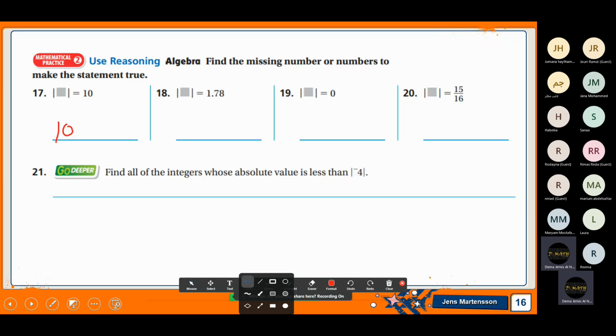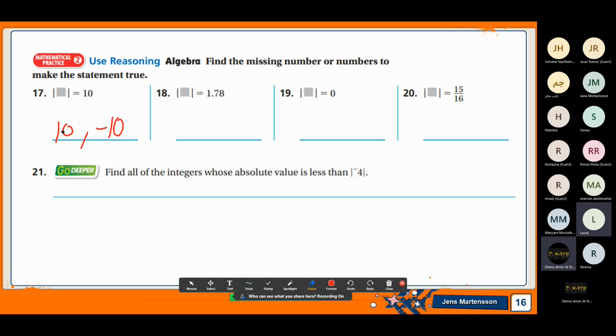What about the absolute value of negative 10? Positive 10. So that means I can fill this square with 10 or negative 10. Both of their absolute values are 10. Is it clear? Clear. Okay.